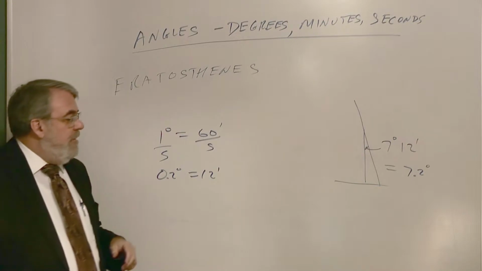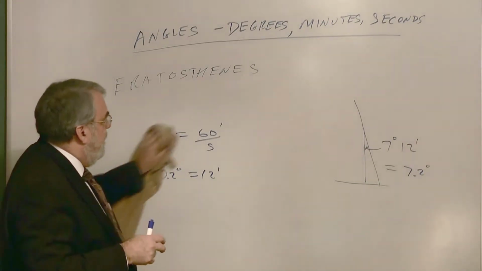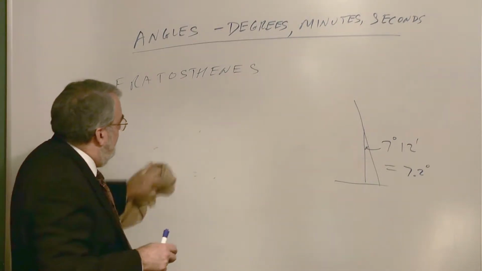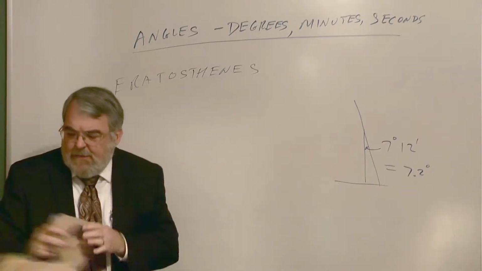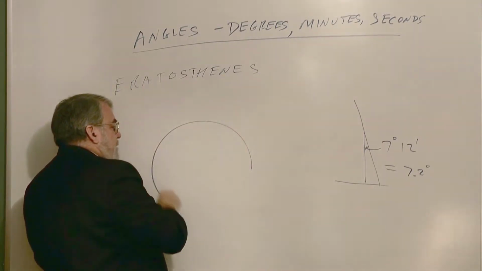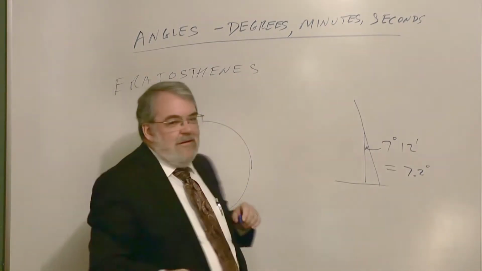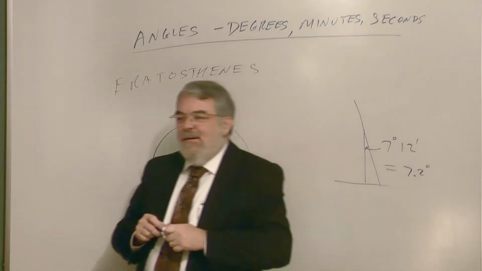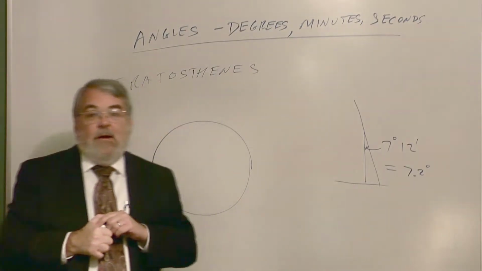All right, so he thought about this and came up with this idea. And so here's the Earth. Now, like most educated people, Eratosthenes believed the Earth was round.